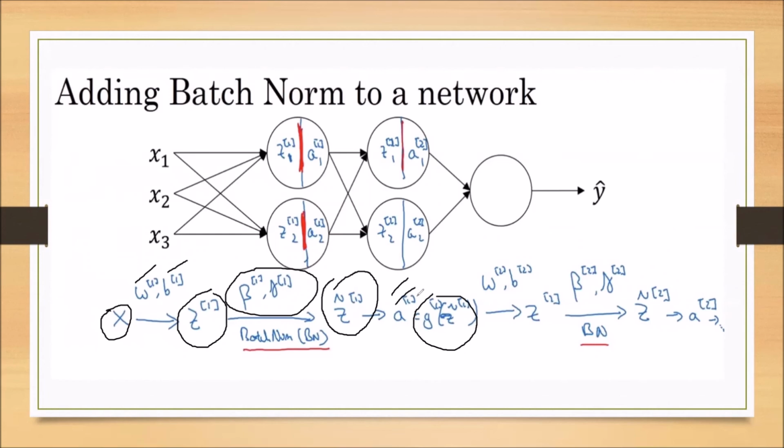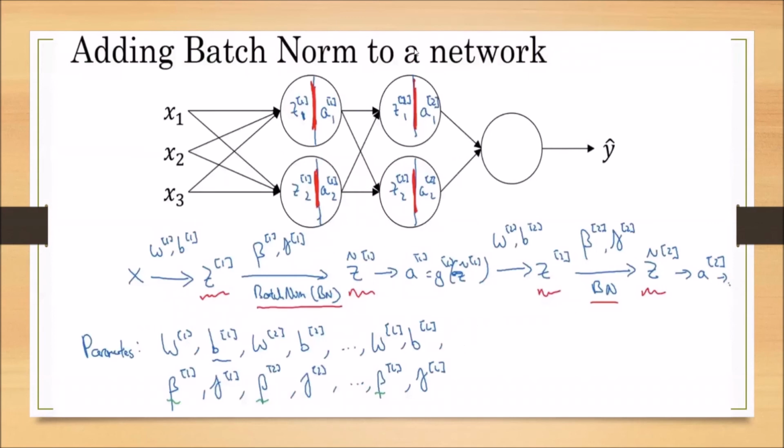Similarly, this output from the first layer will be given as input to the second layer activation functions. From there, the second layer activation functions also use the normalized value of z to give the output A2. This process continues until the last layer.